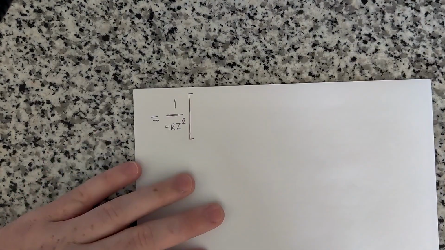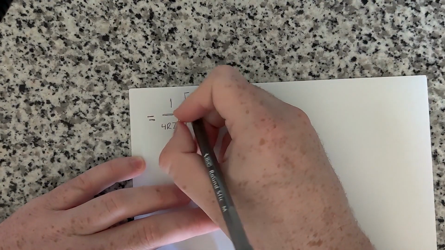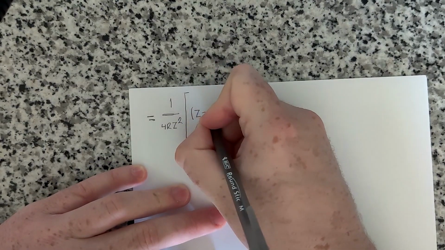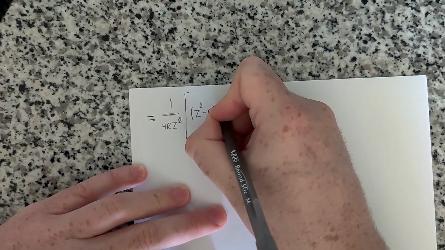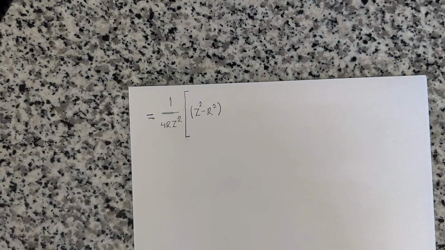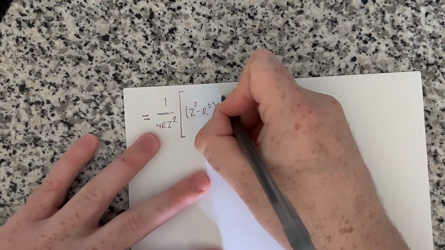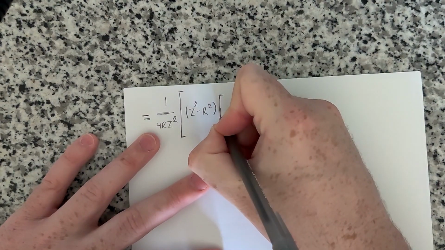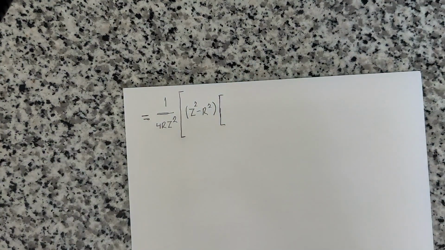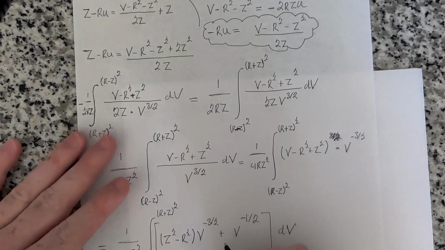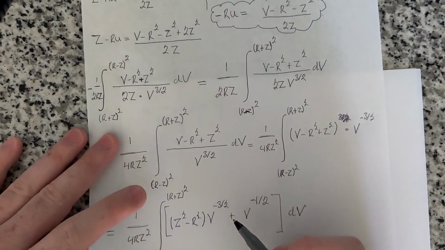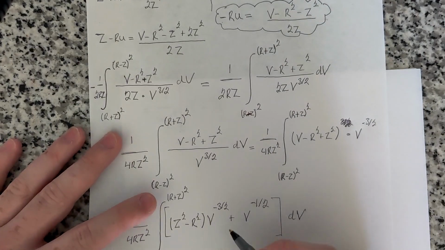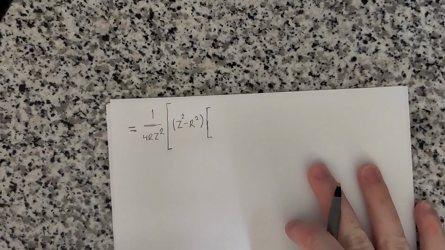For the first integral, we still have z squared minus r squared, a constant with respect to the integral, so that's pulled out. If you integrate v to the minus 3/2 with respect to dv, you get minus 2 over the square root of v, just using the simple power rule.